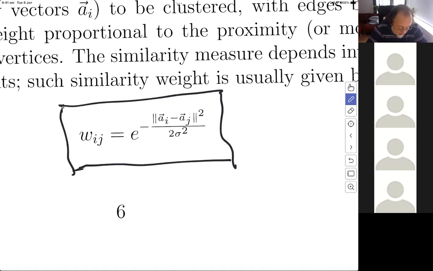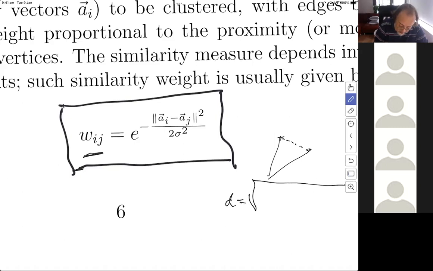So this is how the weights for the graph are computed. You have vectors, and you can compute the distances between points. So what is the distance?